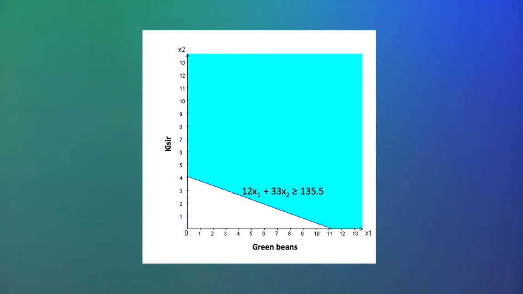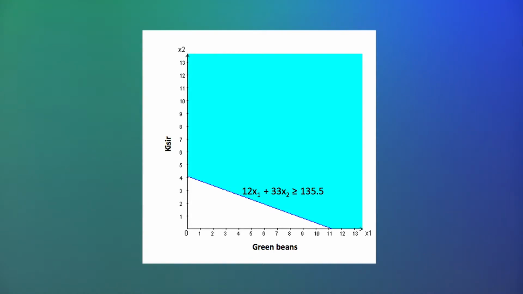Let's continue with carbohydrates. One serving of green beans contains 12 grams of carbohydrates, whereas one serving of kısır contains 33 grams of carbohydrates. We should then have the following: 12x1 plus 33x2 greater than or equal to 135.5.